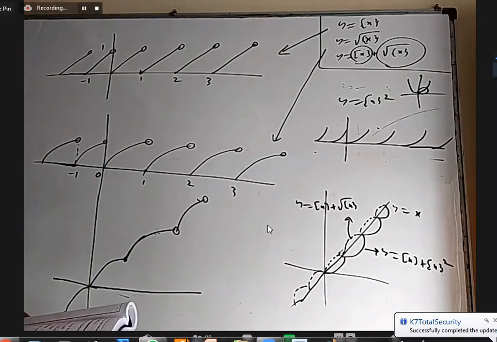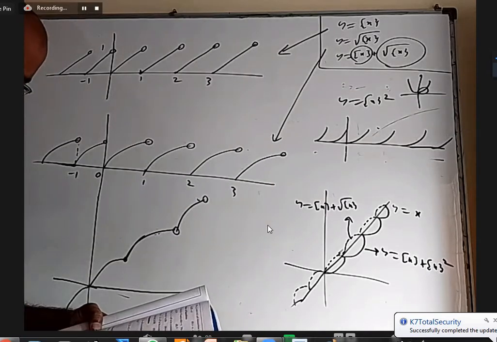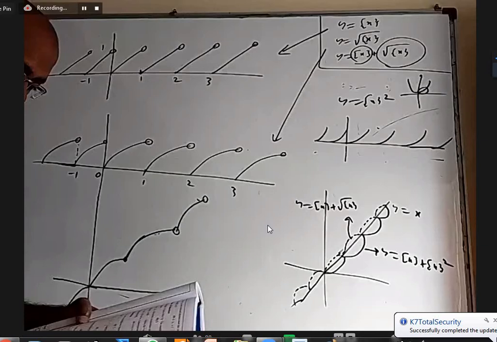Okay, now in the mains material, whatever related questions are there about inverse functions, we will do them, at least the odd numbers.